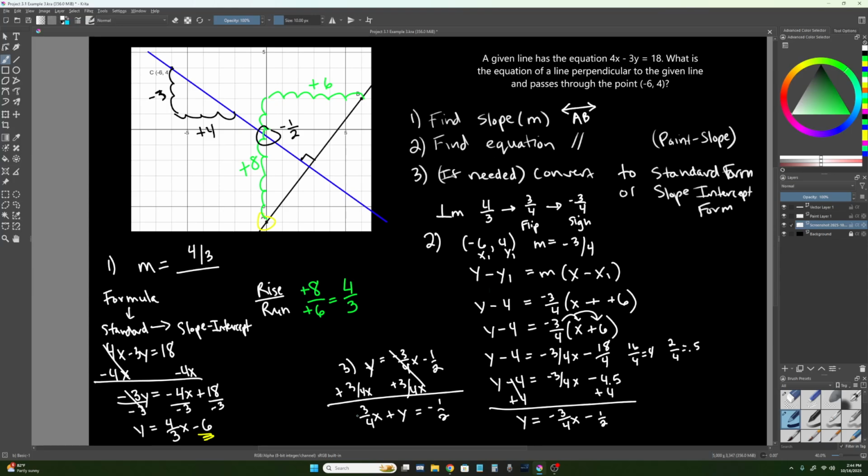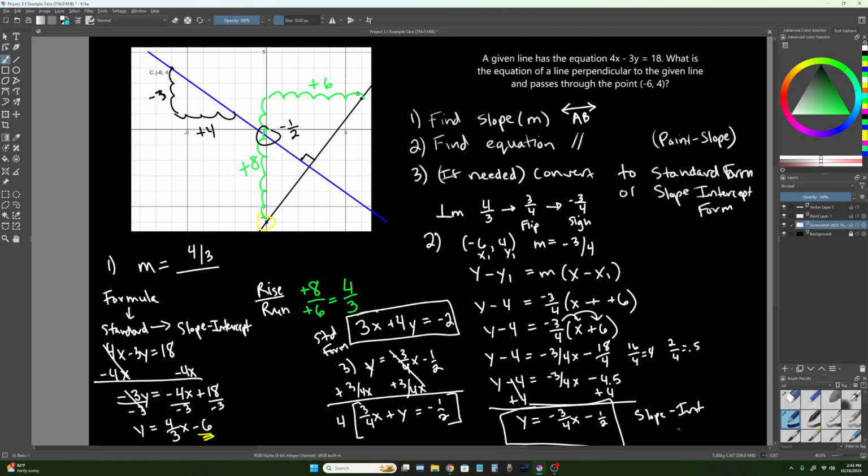And then remember, we can't have fractions, so we're just going to multiply everything here by 4. 4 times 3/4 becomes 3x, 4 times y becomes 4y, and 4 times negative 1/2 becomes negative 2. So that would be your equation in standard form. And then down here, this is your equation in slope-intercept form. And there you have it.